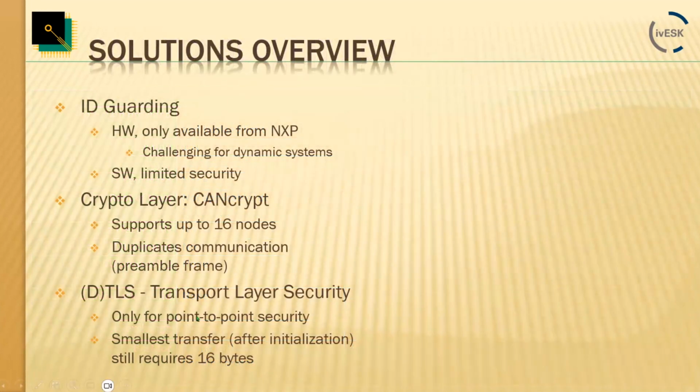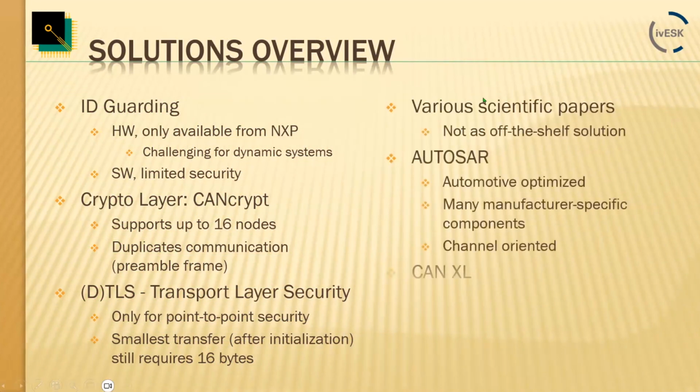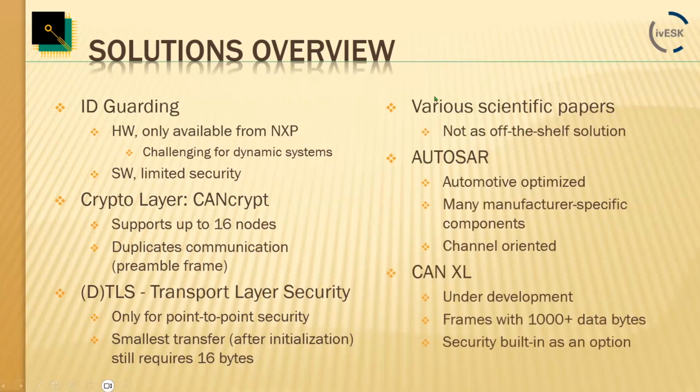So besides these 3 methods we already had, other solutions available are, well, there are by now 6, 7, 8 various scientific papers that offer individual application-specific solutions to how to do CAN security. I've not seen them as an off-the-shelf solution.